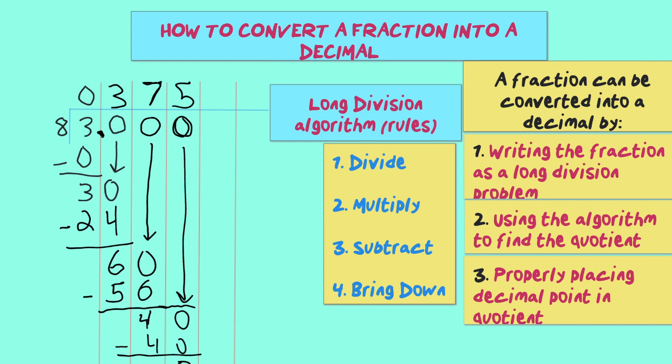And so here's my decimal point right here. And so my quotient, or my answer, would be 0.375. So if I want to take this fraction, 3/8, and convert it to a decimal, the decimal that I get when I do that is 0.375.